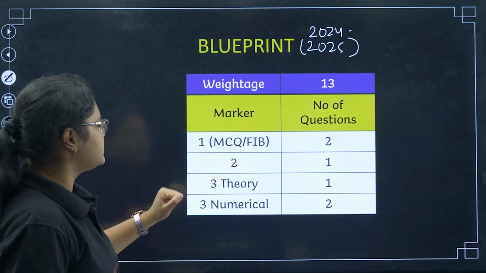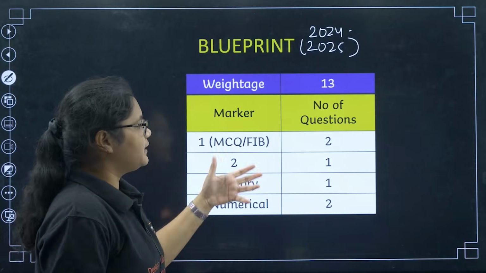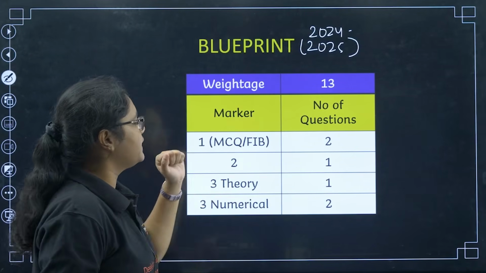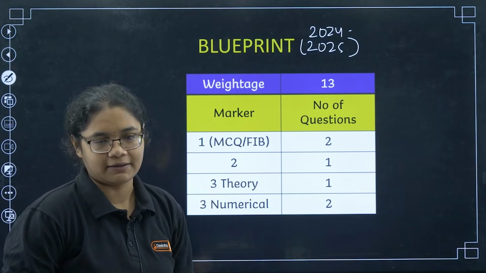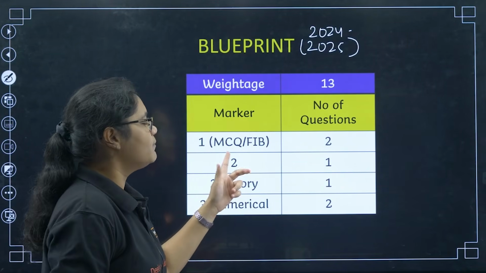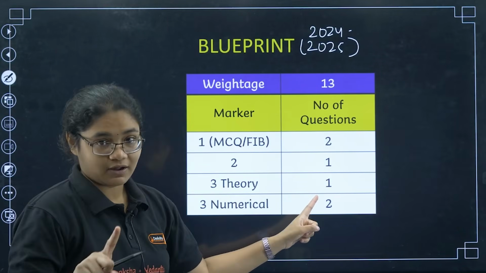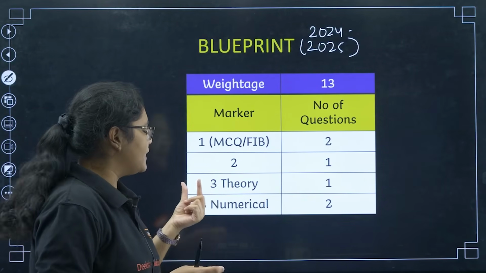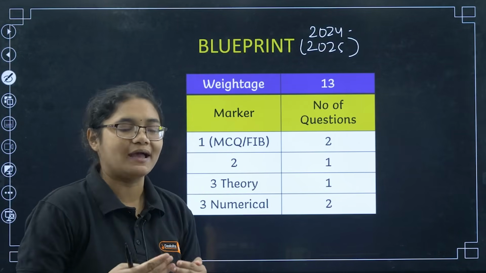According to this, there will be a total of 13 marks from this chapter, and if I distribute these 13 marks, there will be 2 questions of 1 marker, that is MCQ or FIB type, fill in the blanks or MCQs. Next, you will get 1 question of 2 marker, and 1 question of 3 marker, the theory question, and there will be 2 questions of 3 marker of numerical type.